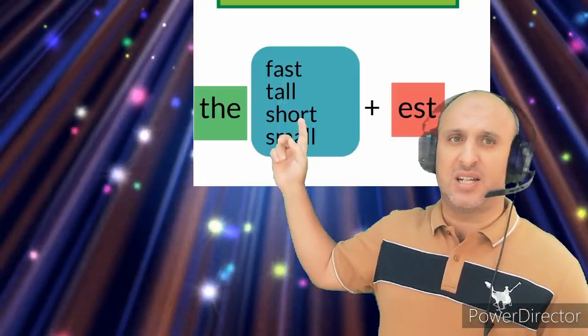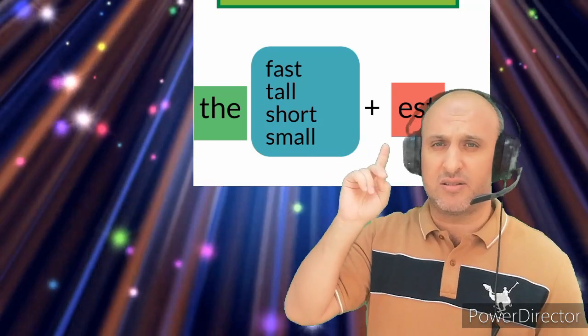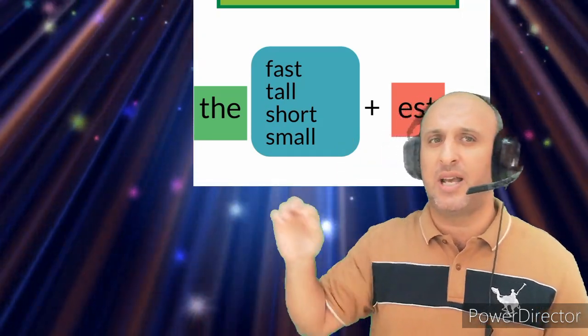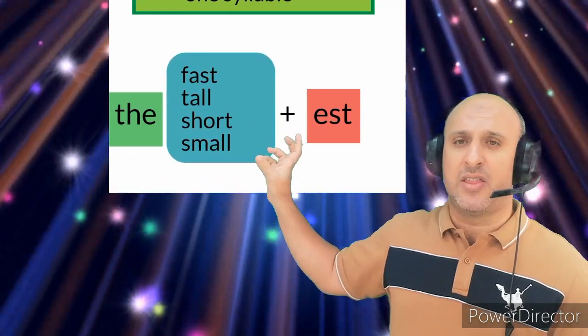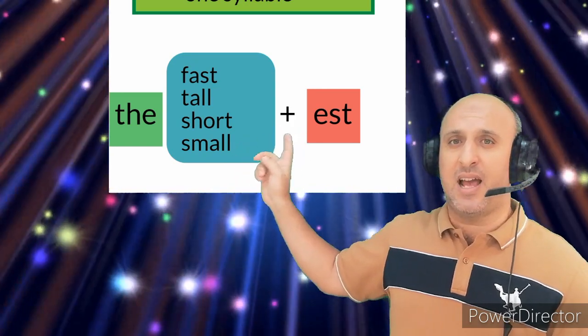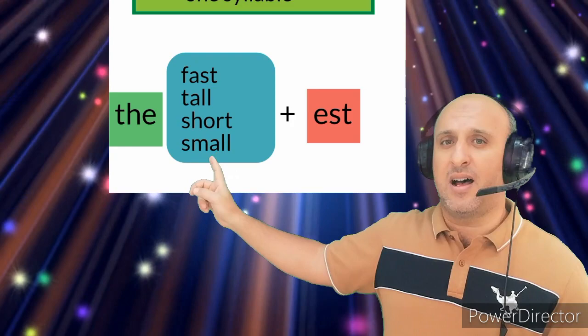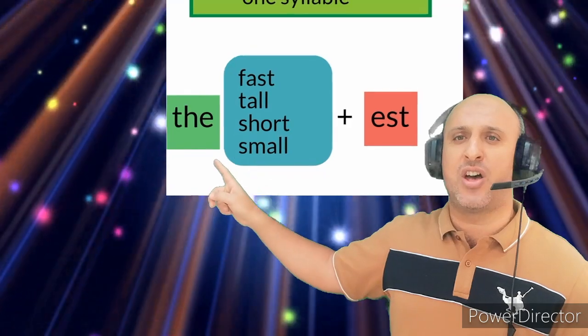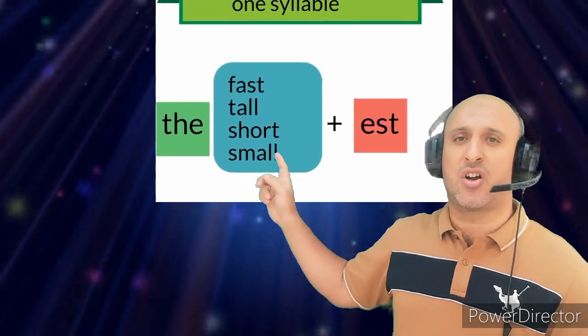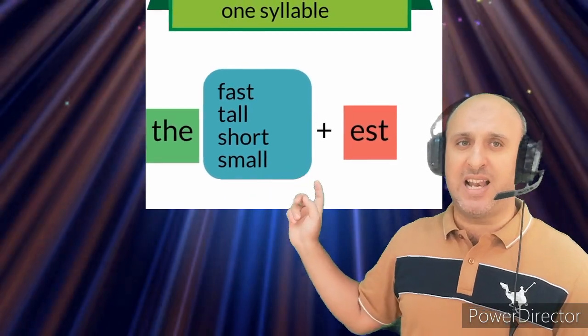What does superlative mean? When we select only one item from a group, this is called superlative. So here we have superlatives for adjectives consisting of only one syllable. Here we say the fastest, that is the adjective plus est, and we should first add the. So we say the fastest, the tallest, the shortest, and the smallest.